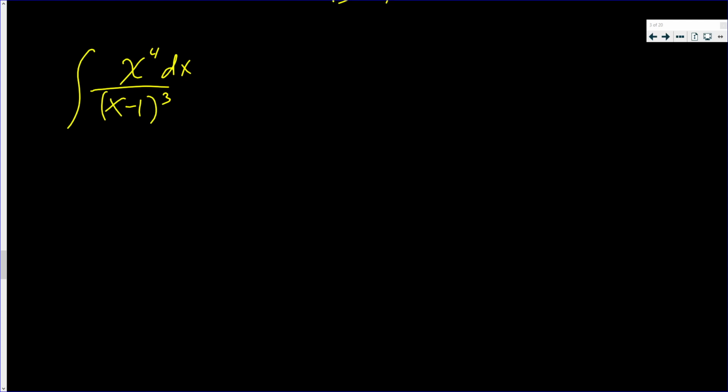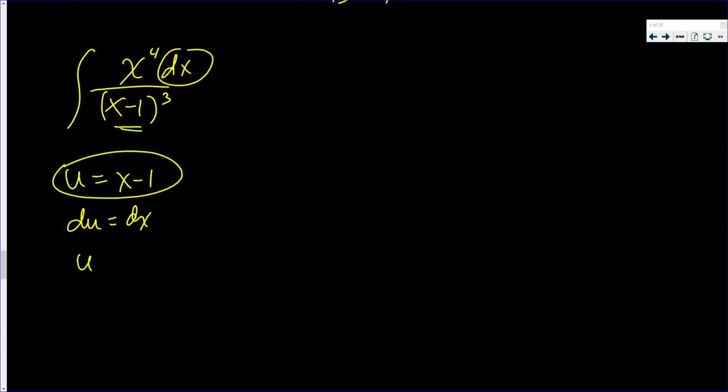I guess the best way to do it is, say we let u equal x minus 1. So then du will be dx. So we have dx and we have the bottom to the third, but we need x to the fourth. Adding 1 to both sides, you get that u plus 1 is x, and we raise it to the fourth power.